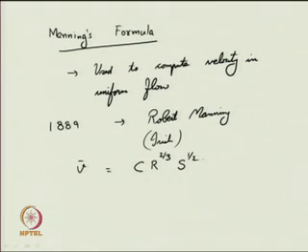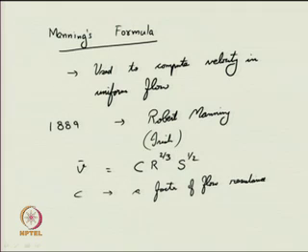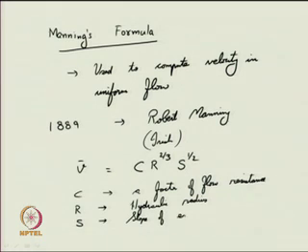Please note that we are representing it like this, where C he considered as a factor of flow resistance, R, as you know, is your hydraulic radius, and S, here he suggested, is the slope of the energy line.